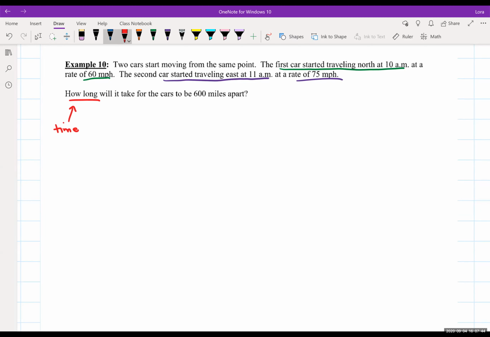If you're starting off from the same point, remember one car is traveling north at 10 a.m. and the other car is traveling east, that's to the right, at 11 a.m. And at some point in time, they want to take a picture exactly where the cars end up being 600 miles apart.